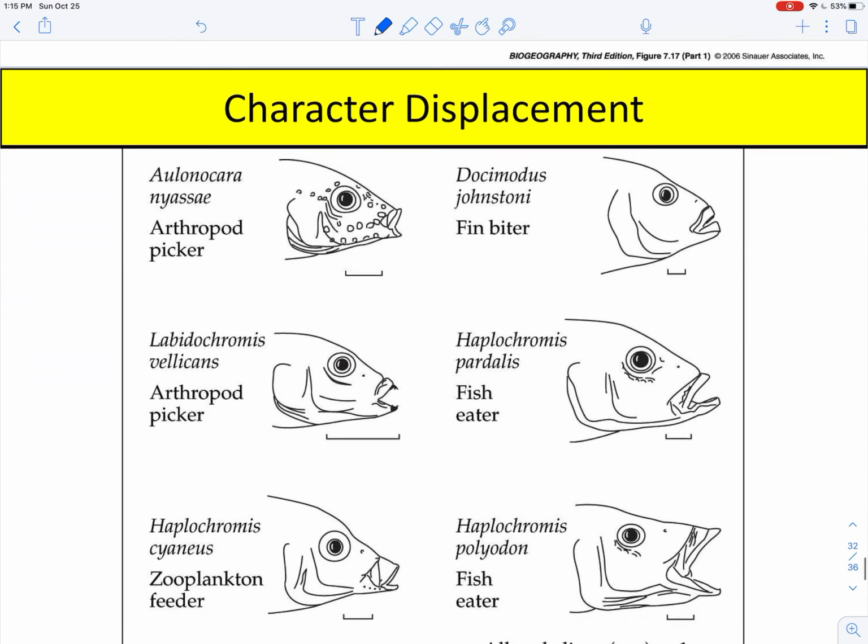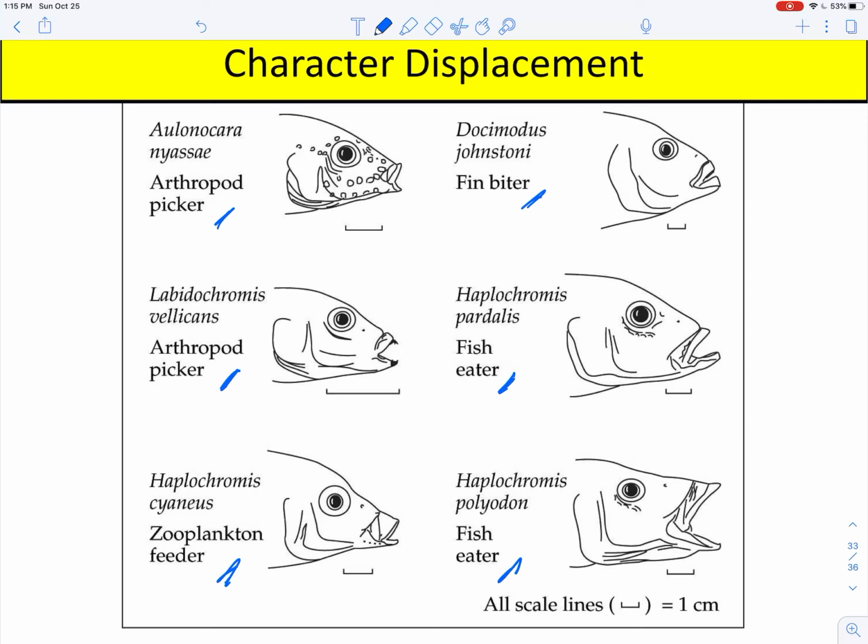Here we're looking at some carnivores. We have an arthropod picker, another arthropod picker, zooplankton feeder, fish eater, another fish eater here, fin biter here. You're noticing very different mouth shapes again. So smaller mouth here, large mouth here, so likely this fish can feed on a larger range of food sizes than this fish here.